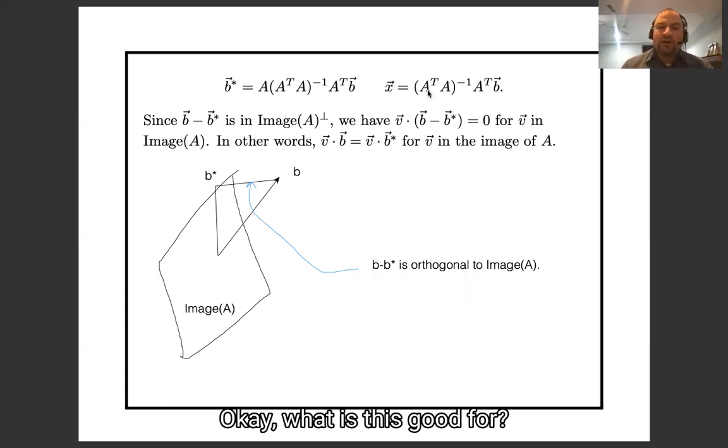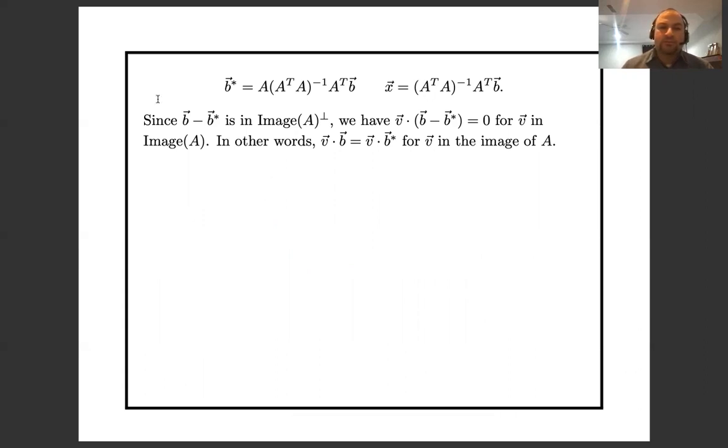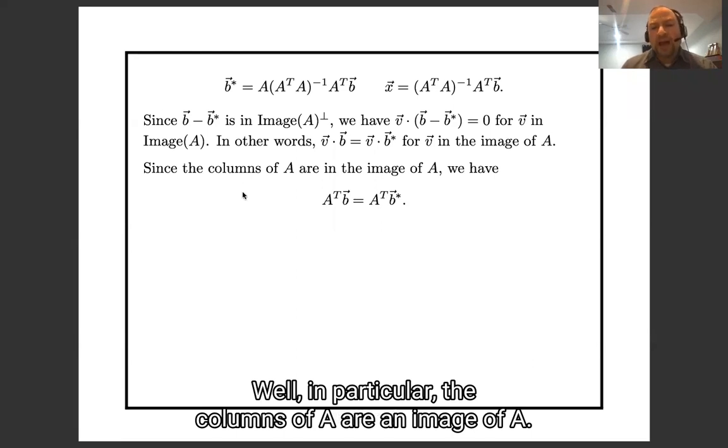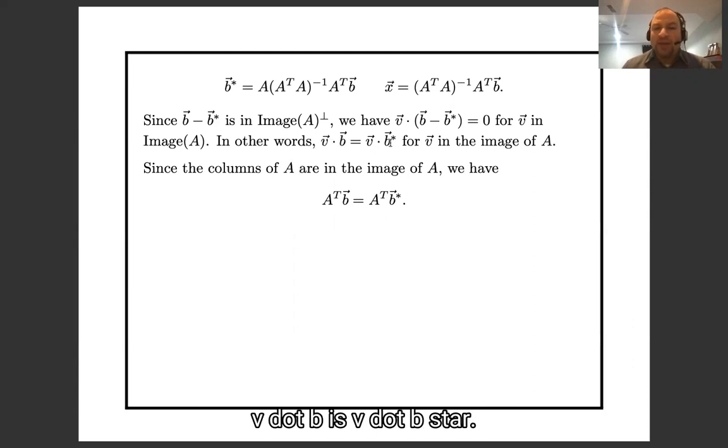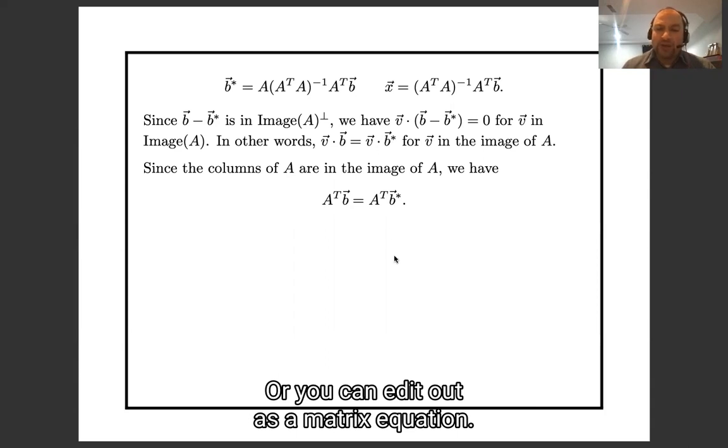Okay, what is this good for? Well, in particular, the columns of A are in the image of A. So that tells you that for each column of A, v dot B is v dot B star, or you can write that out as a matrix equation.